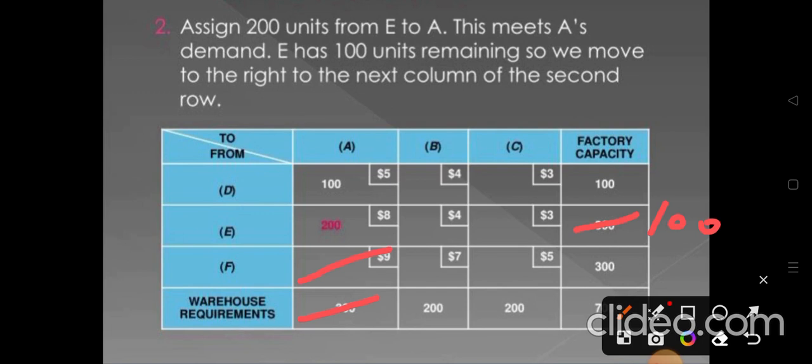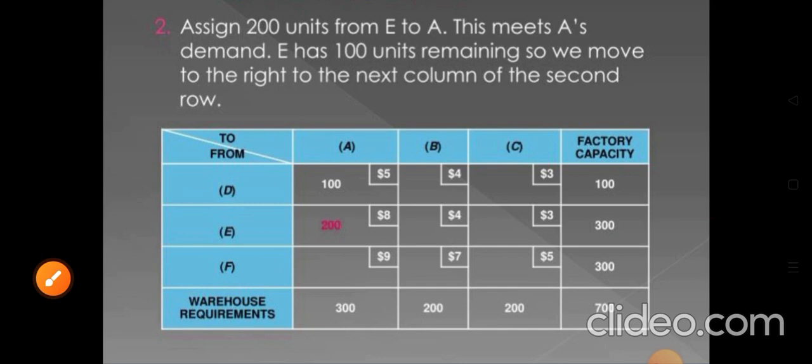The next allocation we are going to is the cell second row, second column, this cell. Assign 200 units from E to A. This means A's demand is met, and E has 100 units remaining. So we move to the right, to the next column of the second row.